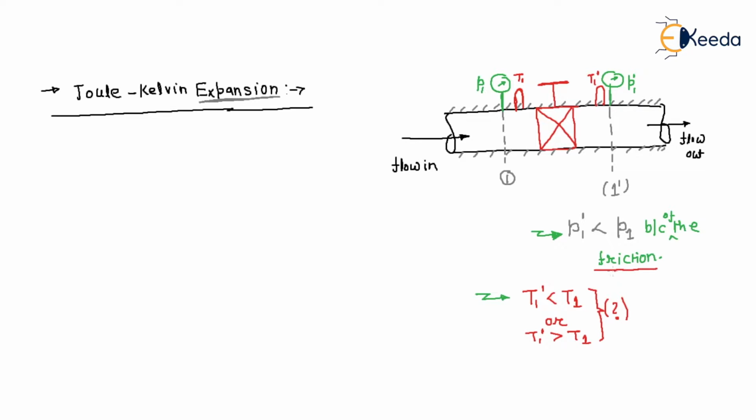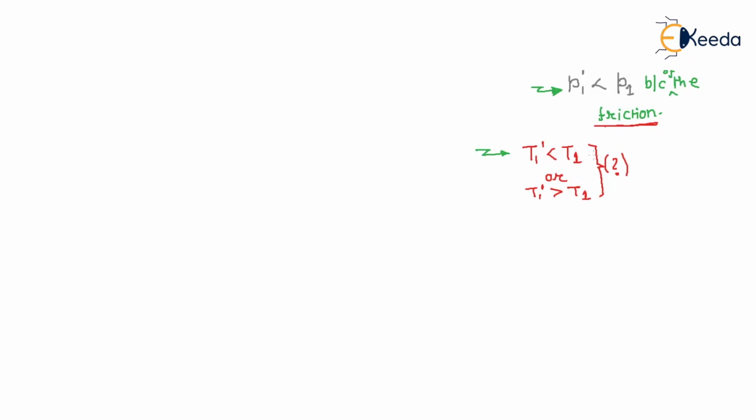So if there is friction, the intermolecular energy will increase, and due to this increase, the temperature at the outlet will increase. So it may be that this temperature is increased due to friction of the flow.